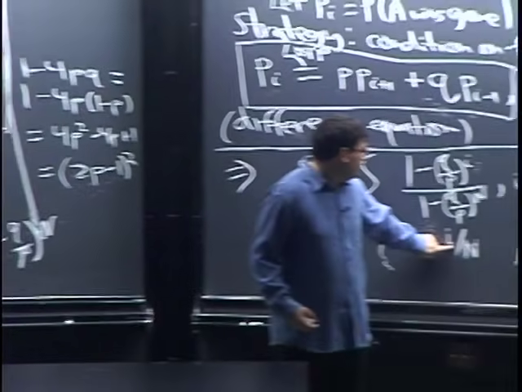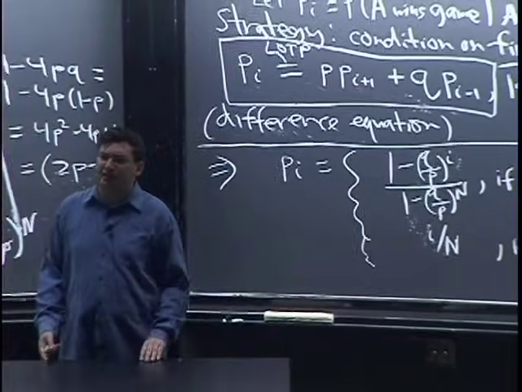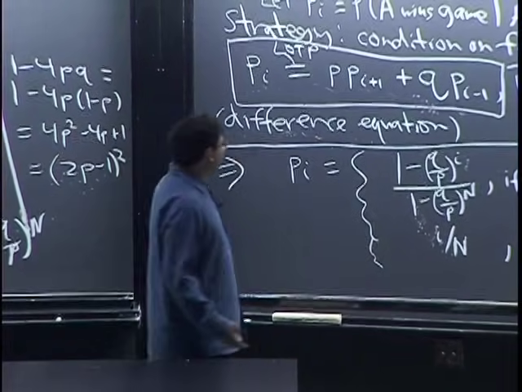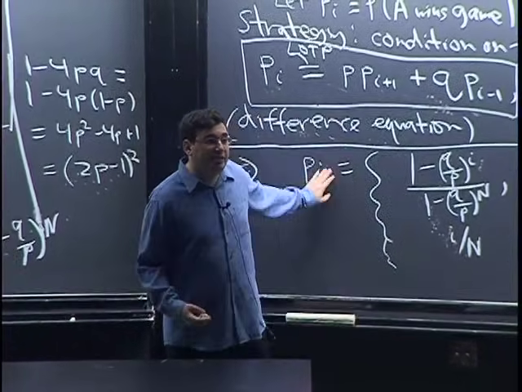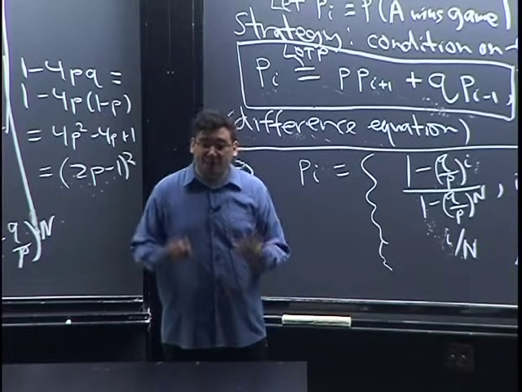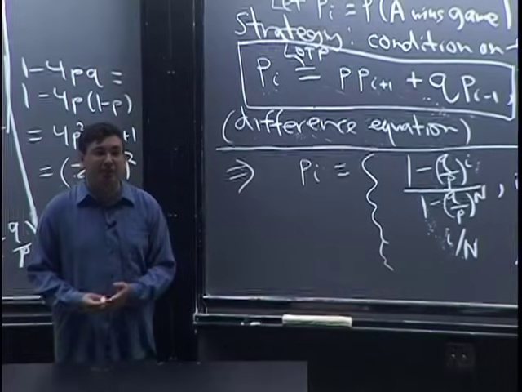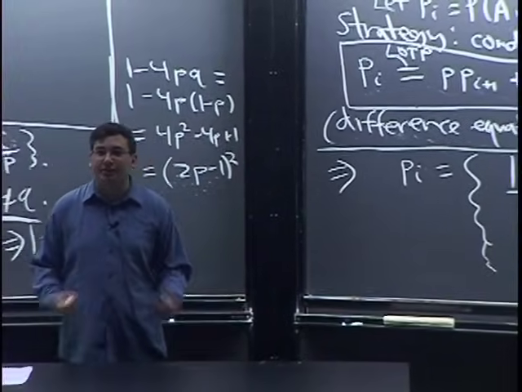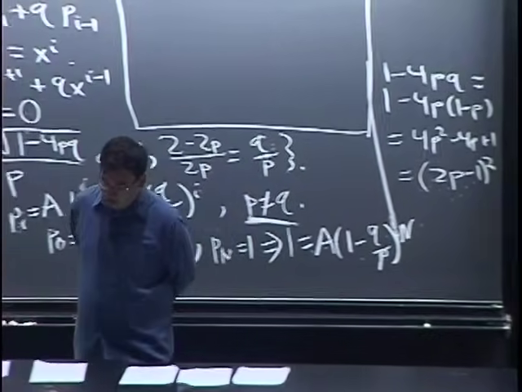First of all, the I over n is fairly easy to remember intuitively because it's saying that in the fair case, the probability that A wins is just equal to the fraction of the wealth that A has. So if A starts out with 2/3 of the money, A has a 2/3 chance of winning.